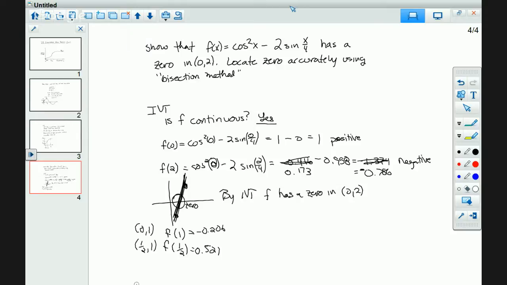Show that f has a 0 in 0, 2. Okay, that's done. That's the intermediate value theorem. Then locate the 0 more accurately. Yeah, it doesn't say an interval of size something. We'll do that.